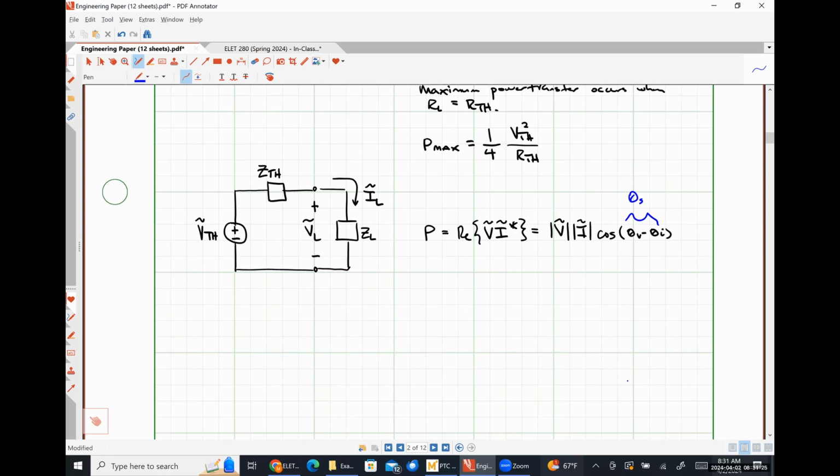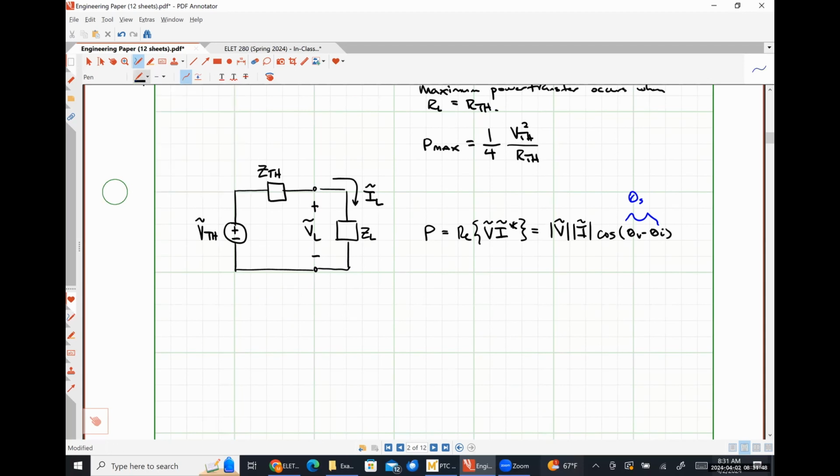Okay. So if I'm trying to find the power delivered to my load, I just need to find the magnitude of the voltage drop across my load, the magnitude of the current flowing through my load, and then the cosine of the difference in phase angles here, right?